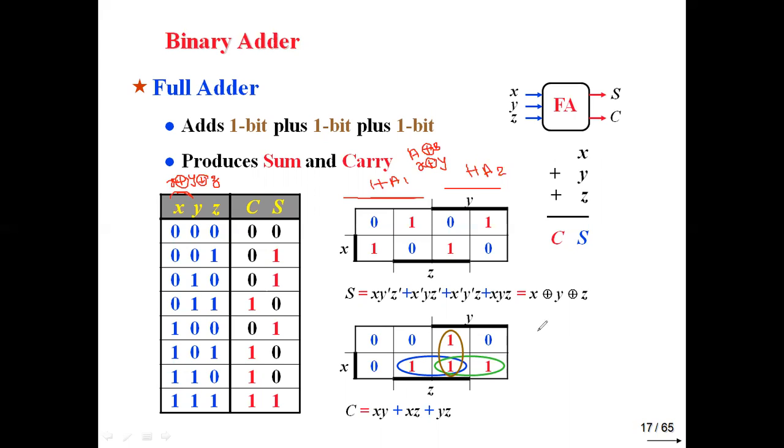And then the carry in a half adder is AB or XY. Similarly, the remaining terms: AB, BC, and CA, or XY, YZ, ZX. So according to that, the results we obtained from the Karnaugh map for sum and carry are like this.